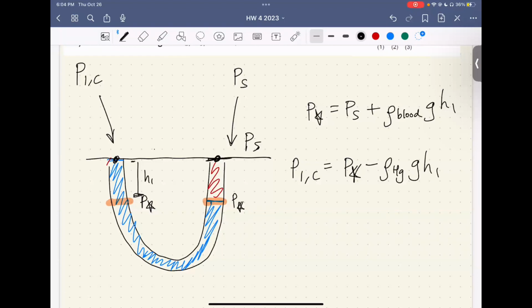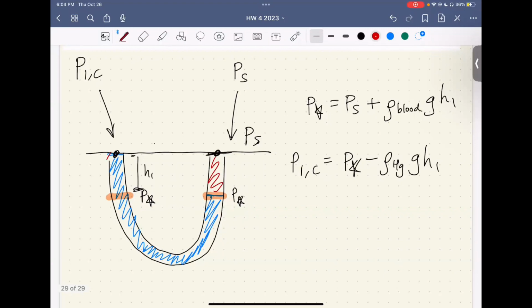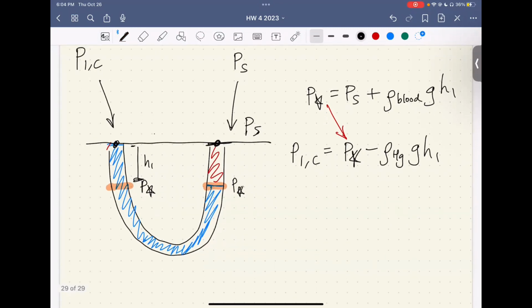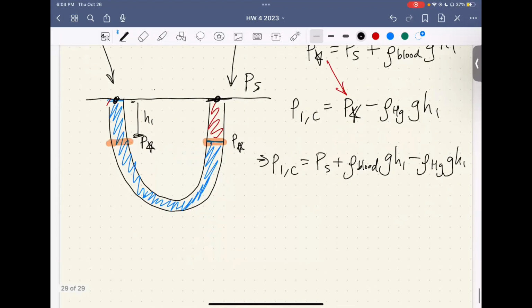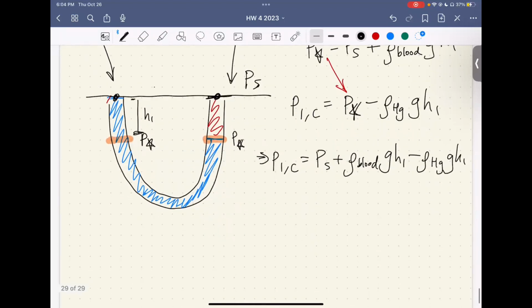Moving this into our expression, we can solve for rho and H. So P1C is equal to P stagnation plus rho blood G H1 minus rho Hg G H1. Now let's simplify.